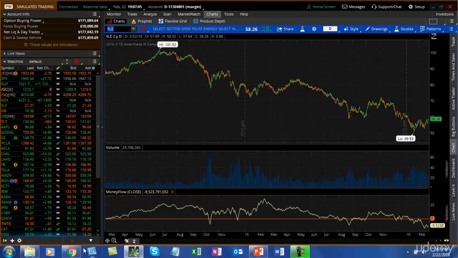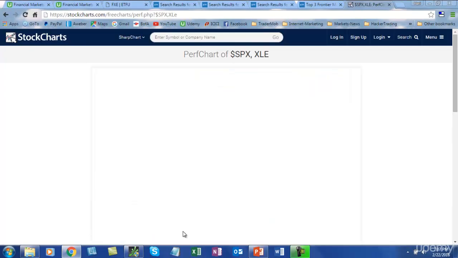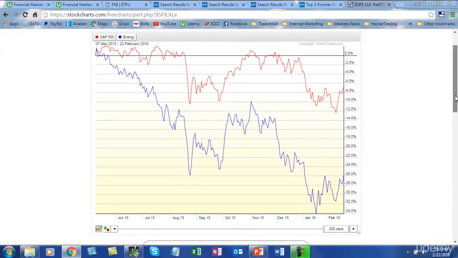So let's go take a look at XLE and see how we could have identified when something like this is going to happen, because that's really the key to this strategy. Now, here we are. If we wanted to go back, you can see clearly the XLE is underperforming the S&P 500.